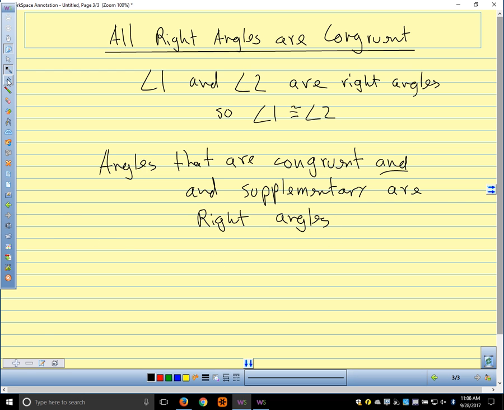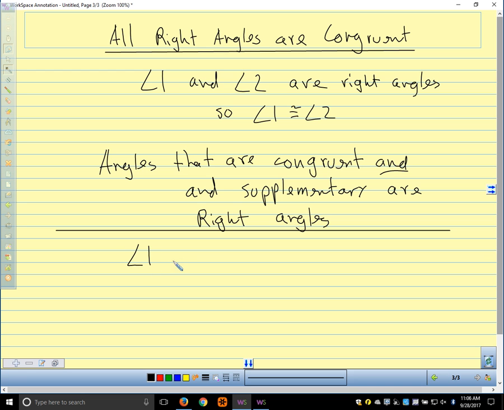So that's another theorem now that we can use when we have things to do with angles. So in symbols, we'd say angle 1 is congruent to angle 2, and angle 1 and angle 2 are supplementary.